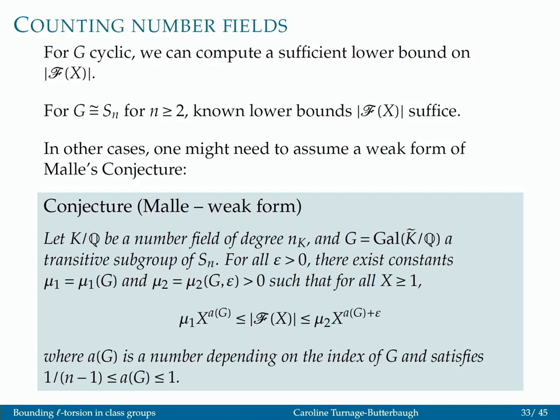But even in terms of Malle's conjecture, we need lower bounds for our method to work. And you don't even have to get something as good as what Malle has in some cases.